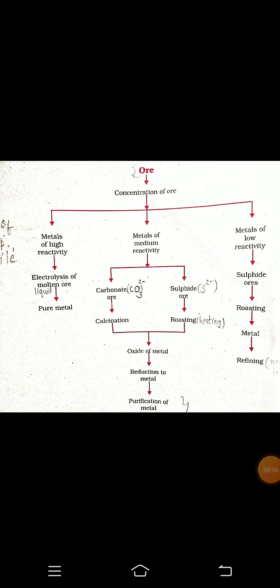Here we learned that the metals of high reactivity are obtained by electrolytic reduction, that is, the electrolysis process. Then we learned that the metals of medium reactivity are obtained as carbonate ores and sulfide ores, which undergo calcination and roasting.